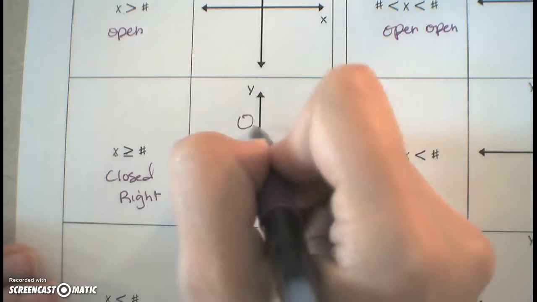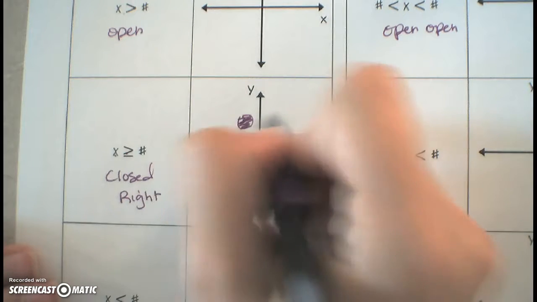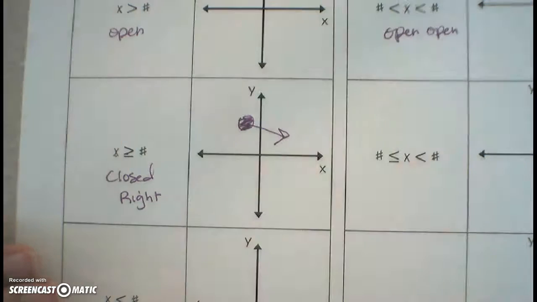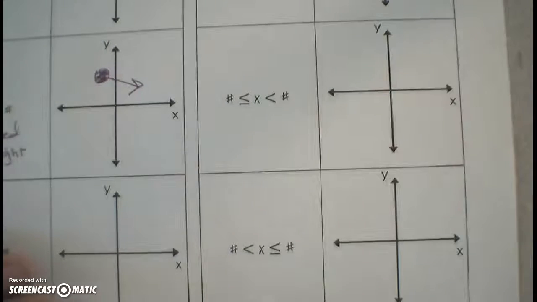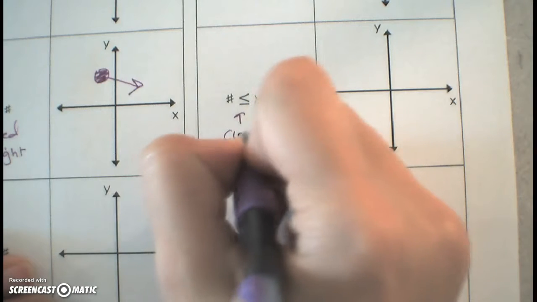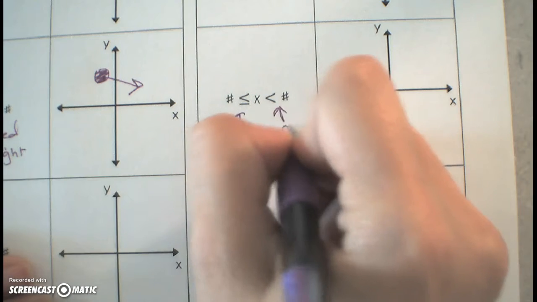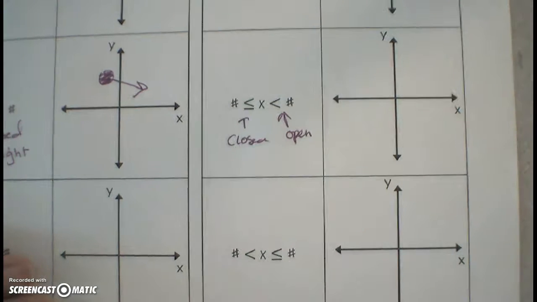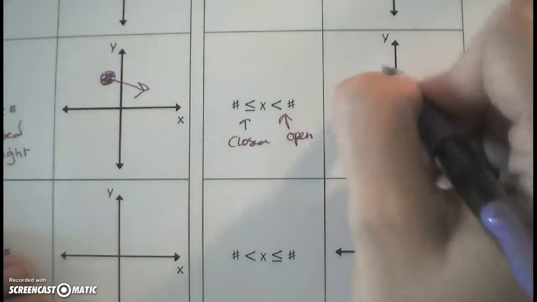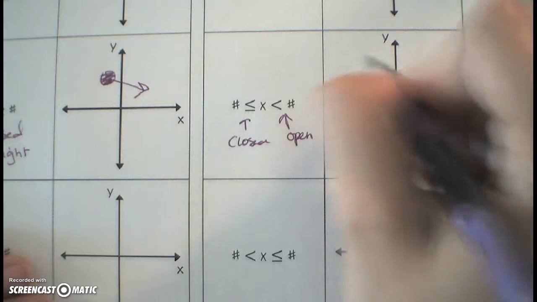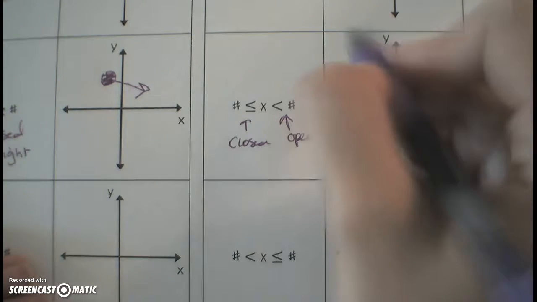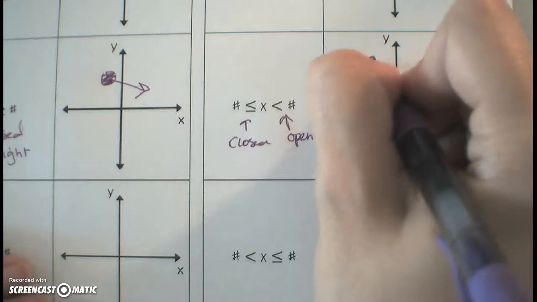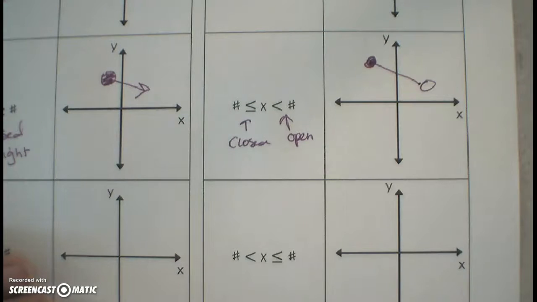And it could not always go up, but sometimes it could go down, right? As long as it's just to the right. This next one, right here, closed and open, and everything between the closed and open. And we know that it's not always a straight line. Sometimes it could be slanted in either direction, up here, down there, but a closed on the left and an open on the right.